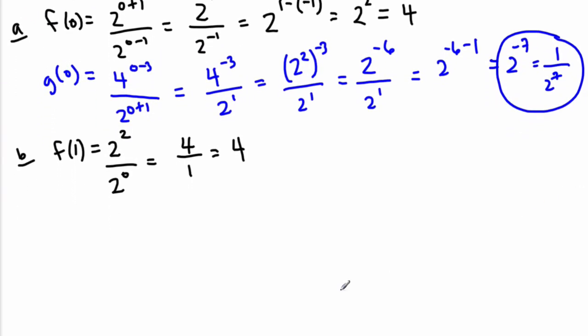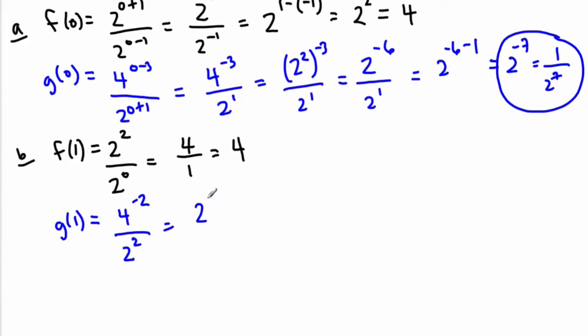Okay, and g of 1. So that's 4 to the 1 minus 3 over 2 to the 2. 1 plus 1 is 2. We can change this to 1 minus 3 is minus 2. Okay, change this base again.